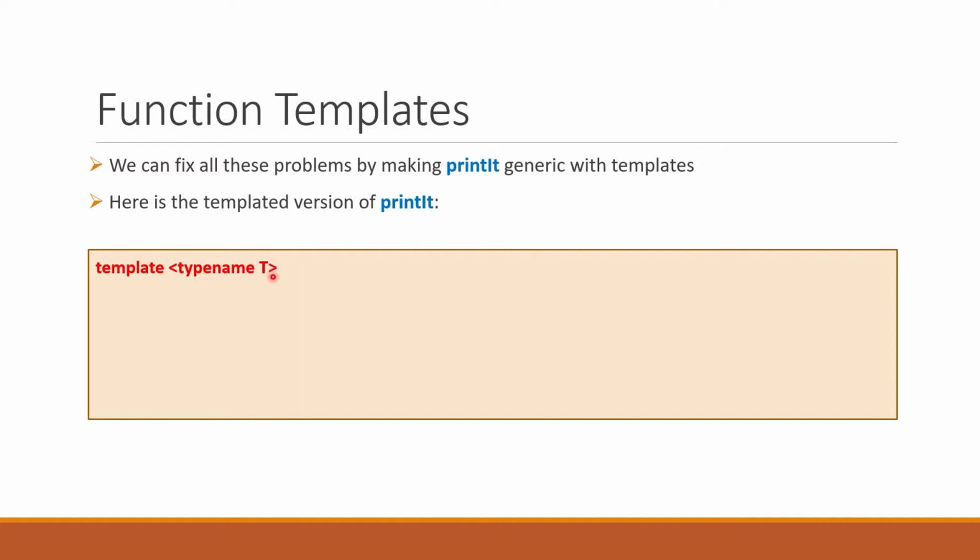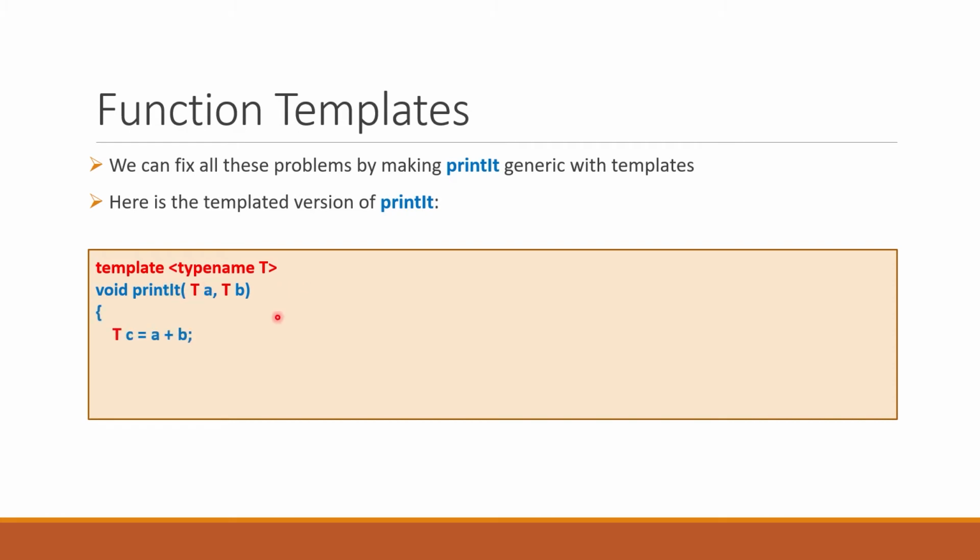And what the compiler is going to do is it will generate the different versions according to the data types sent to the function when called in main. So we can write one templated version of printIt using our placeholder T. So here we have two parameters in this list, and they are of the type T. And the compiler will generate new versions of this function depending on what data types we want to substitute the T with.